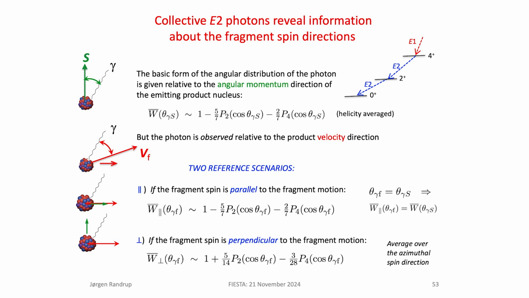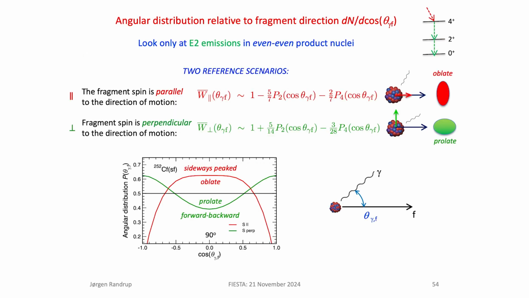You see it's quite different, there are plus and minus here. So they look very different, and I'll try to illustrate this here. If the spin is parallel, you get an oblate distribution. It means a 90-degree peaking, and if it is perpendicular, then you get a forward-backward peaking of the angular distribution. So you just go and measure the angular distribution of those collective gammas, and it doesn't matter which collective ones, they all do the same thing.